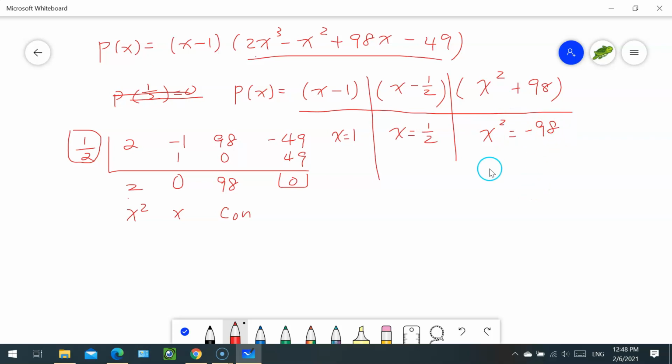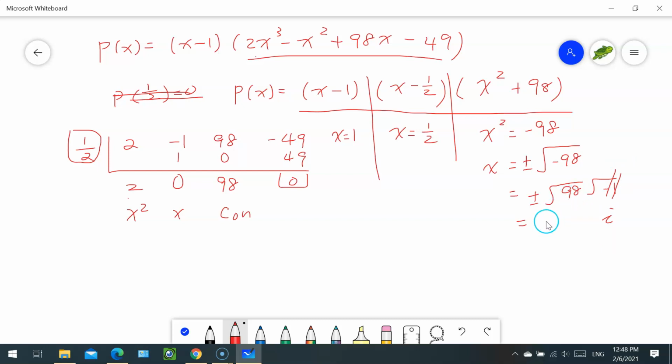Take the square root on both sides, so your x is equal to plus minus the square root of negative 98. Now keep in mind, with the square root sign, we don't want the number under the radical to be negative. So we rewrite the square root of negative 98 into the square root of 98 multiplied with the square root of negative 1. Square root of negative 1 is the i.